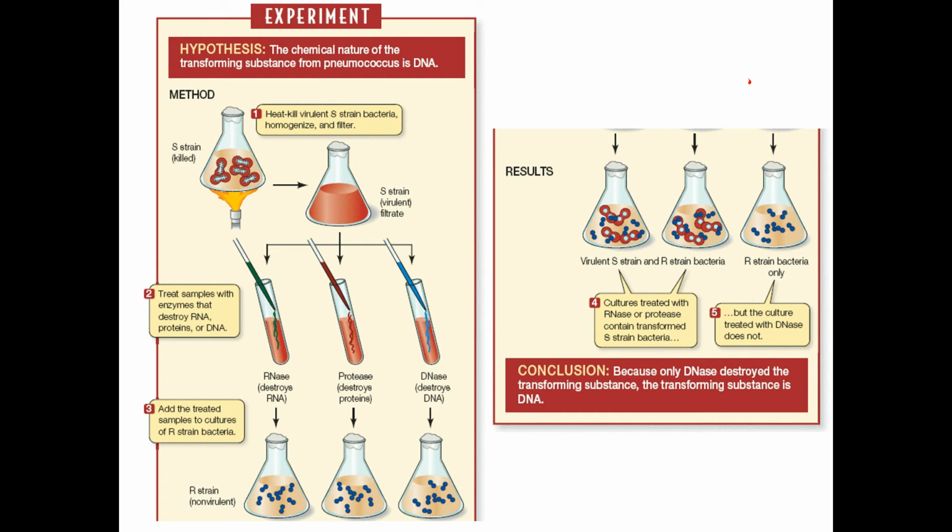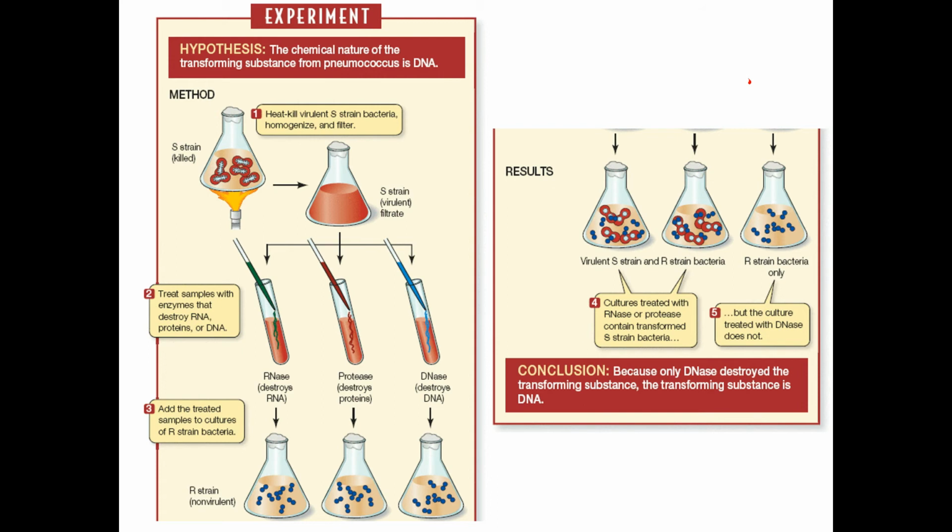So then you split the sample into a couple of different test tubes. To one of the test tubes, you add an enzyme called RNase. Now, the RNase degrades RNA. Alright, so that means that all you're going to have in that sample is either protein or DNA.